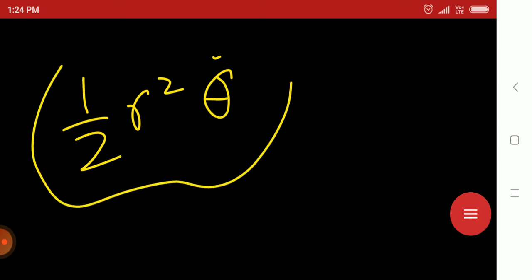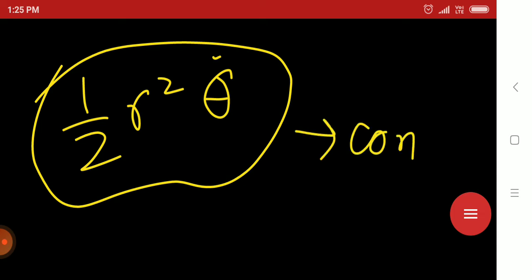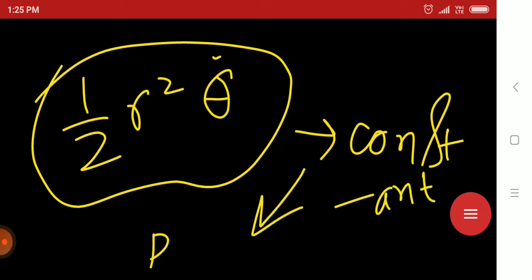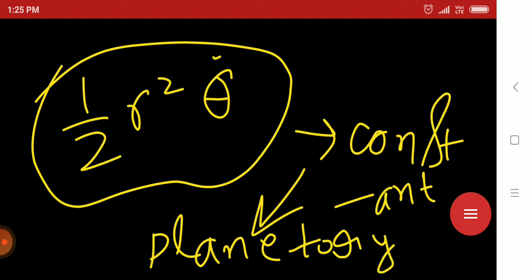From that figure, half r square d theta by dt will be constant for planetary motion. We have discussed how half r square theta dot comes.